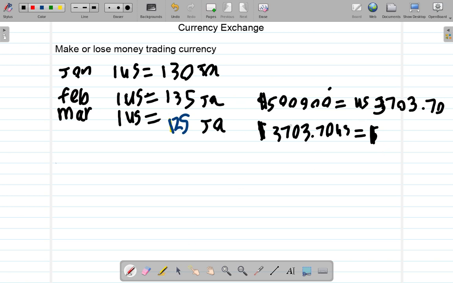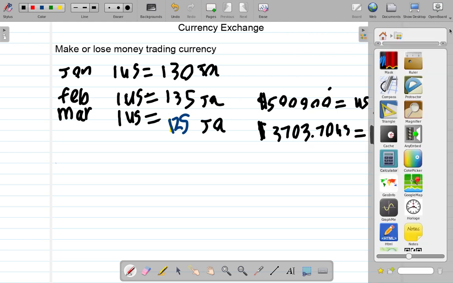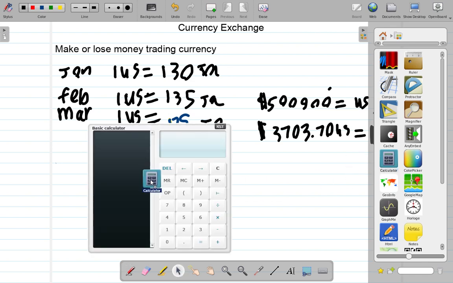You have 1 to 125. 1 US equals 125 Jamaican.